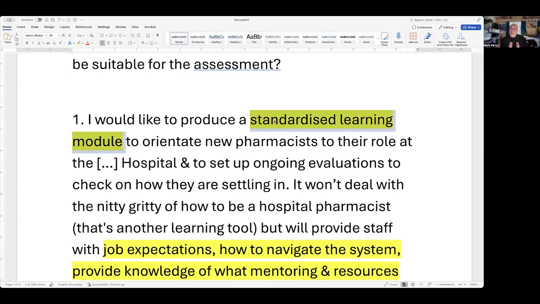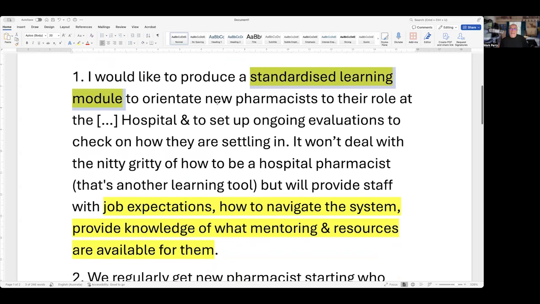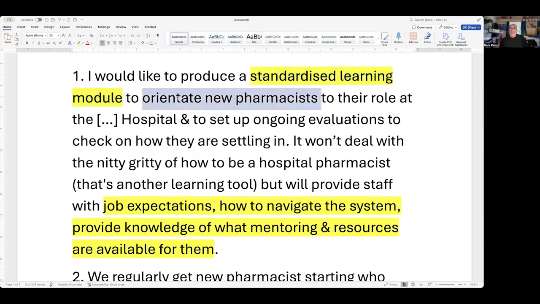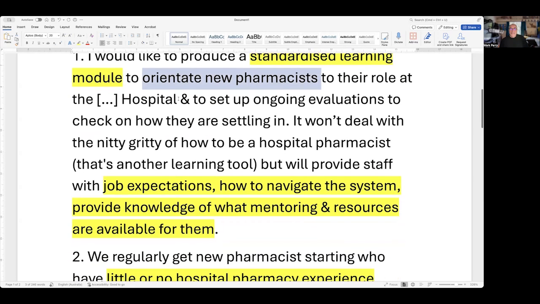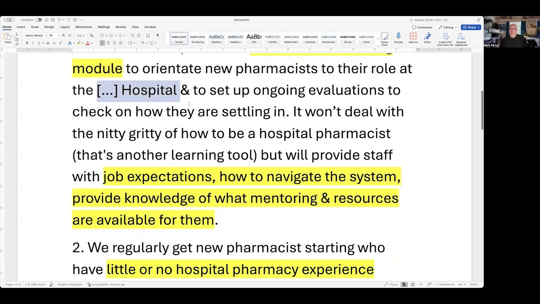Might be every module is 30 minutes, or there's lots of different ways to make a standardized learning module. I like that it's some sort of orientation for new pharmacists. And then we know that their workplace is at a hospital.